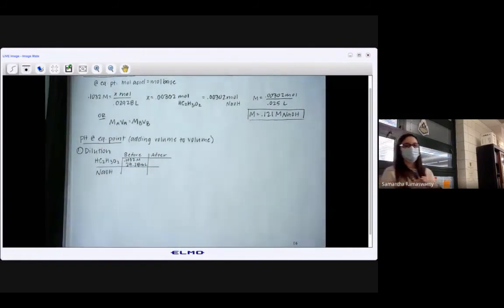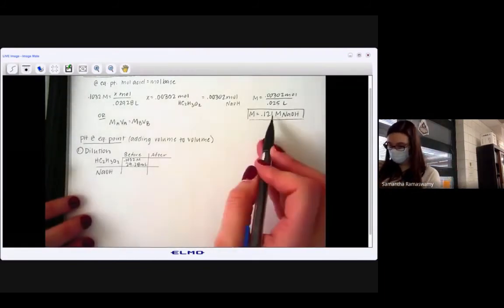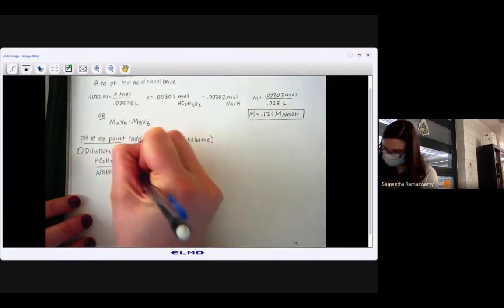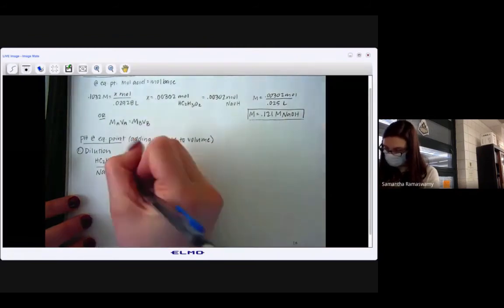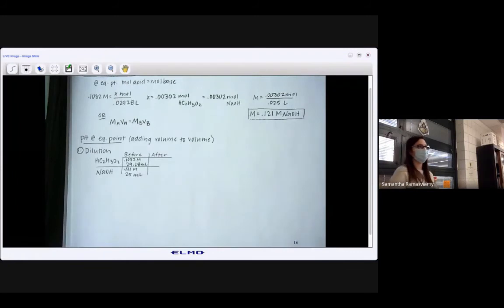Just to help us so we can see what volume we had and what the concentration was. NaOH. Well, we just found what the concentration of NaOH was. 0.121 molar. And the problem told us that it took 25 milliliters to get there. The reason I'm putting that in there, I'm just putting it somewhere to be able to use that information.